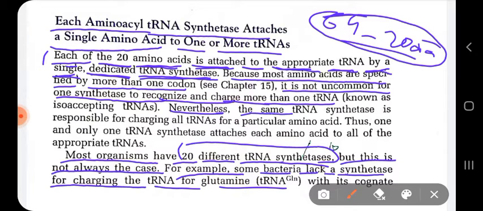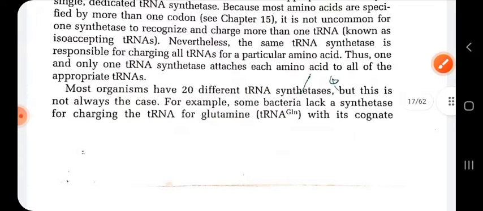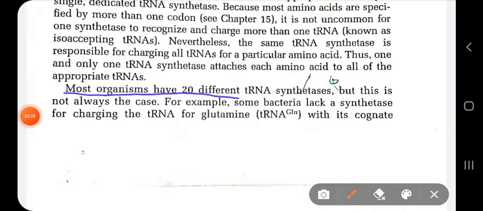Nevertheless, the same tRNA synthetase is responsible for charging all tRNA for a particular amino acid. Thus, one and only one tRNA synthetase attaches each amino acid to all of the appropriate tRNA. But we have also seen that most organisms have 20 different tRNA synthetases, as I have mentioned before. But this is not always the case.